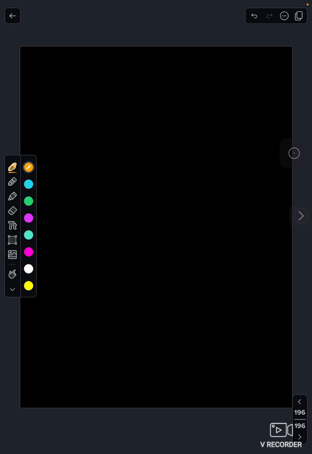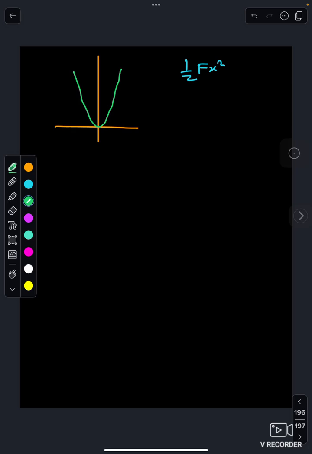And we know that the graph of this quadratic formula 1 by 2 fx square will be like this. It will be a curve. Here we only have one turning point, and that turning point is the origin.